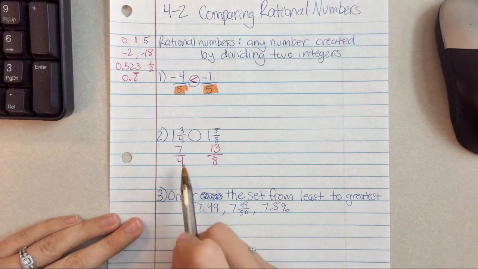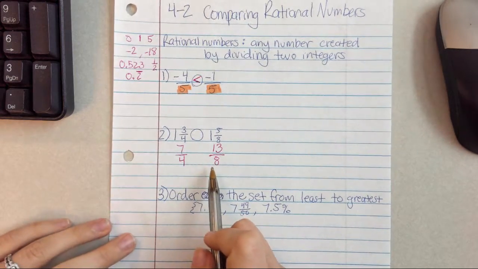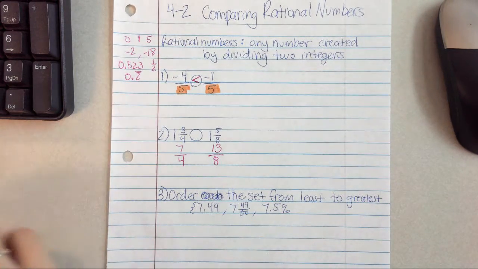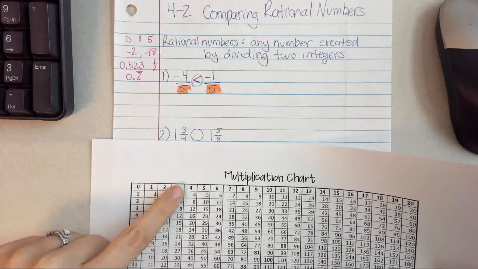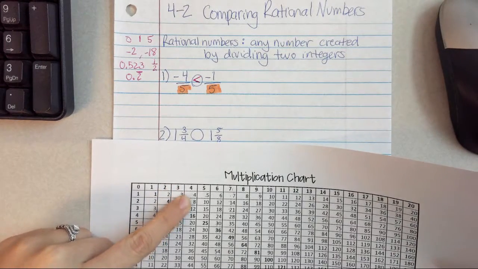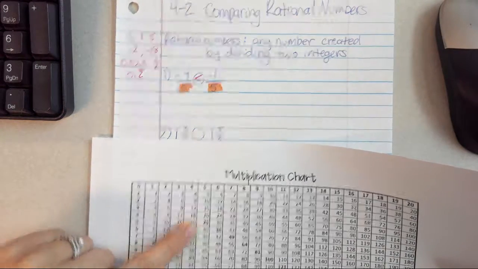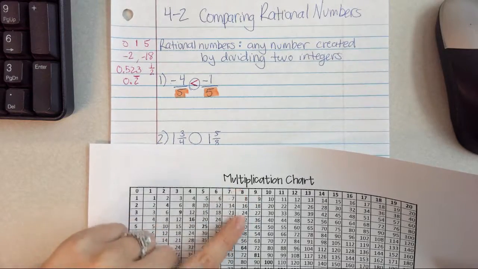Okay? Now we have to find a common denominator. The easiest way to do that is to list out all of the multiples. If you still have your multiplication chart, you can use that to help you, for all your 4s, all your 8s.